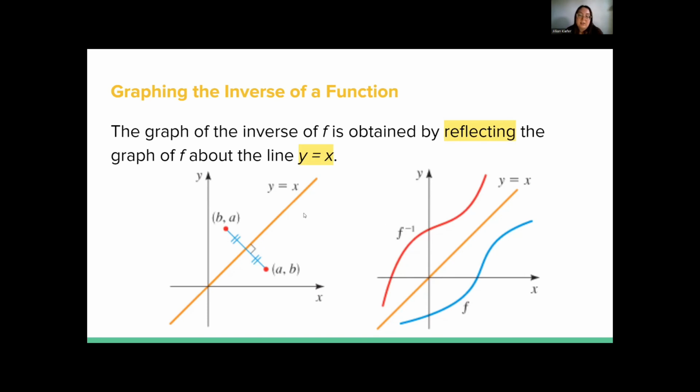So if we look at our images here, first, our image here on the right is just showing an example. So we have the line y equals x, we have our original function, and we see that it's mirrored. We see that if we were to take this and then fold it in half across that line, it would be the same image. So we have f inverse in red and f in blue.